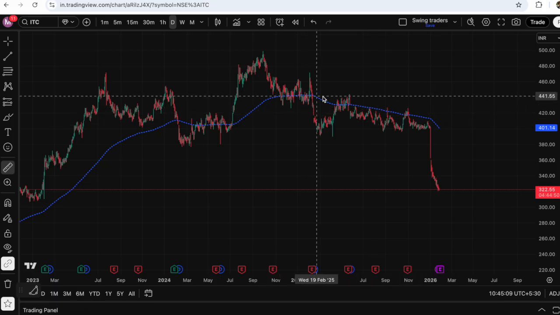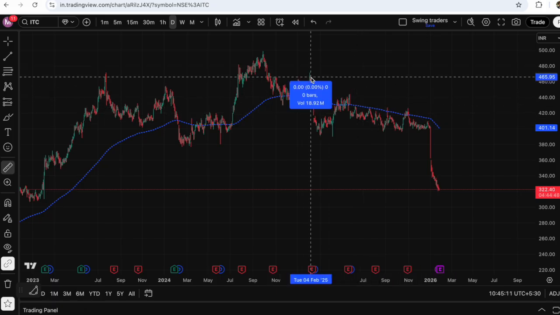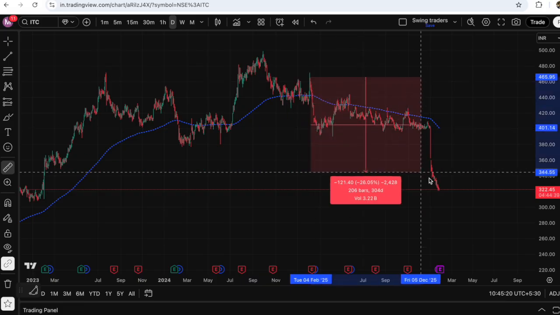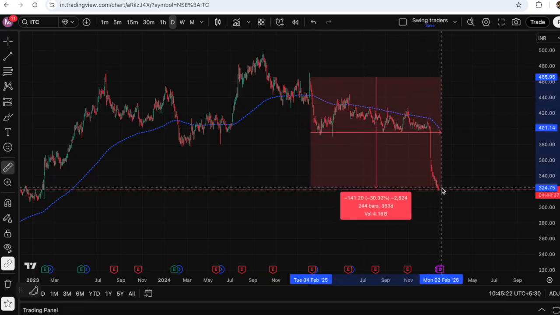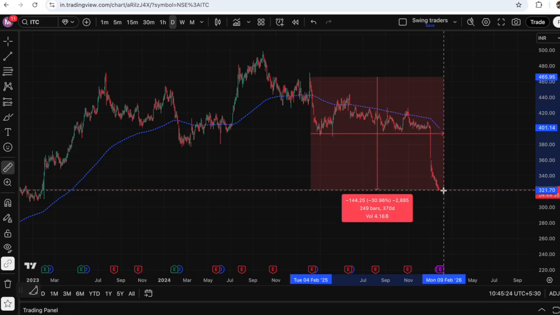When the stock is about to go down, and if you put money here thinking the stock is fundamentally good and this is the right time to invest, you may end up seeing a loss of 30%. So this is the main thing. You need to know when to invest. Some stocks might look good in the fundamentals, but you need to know the momentum.